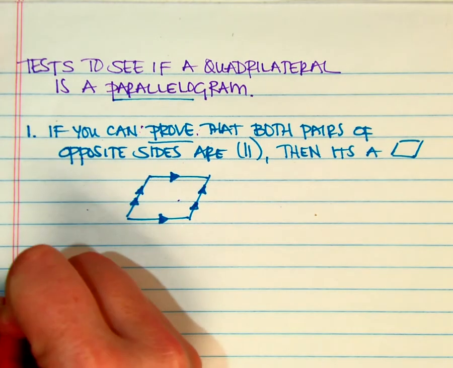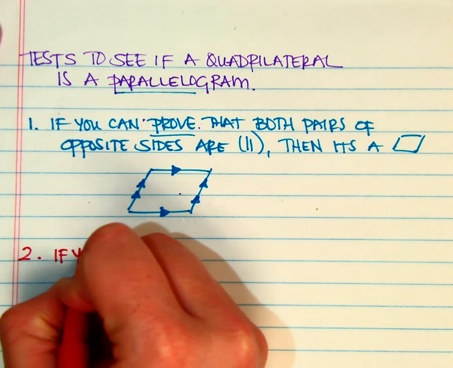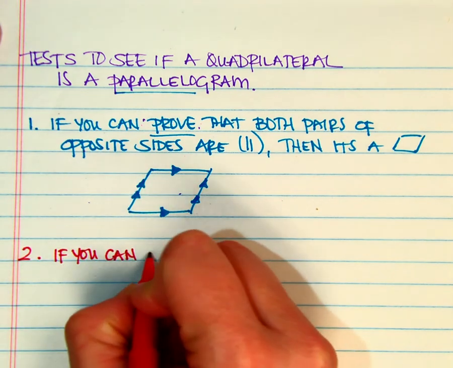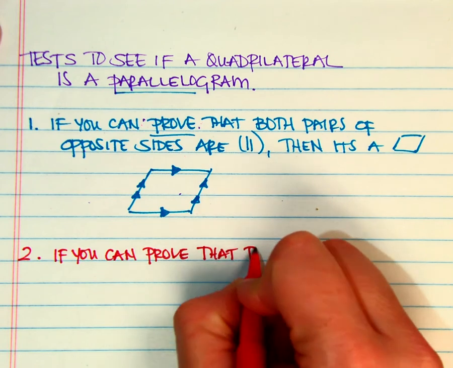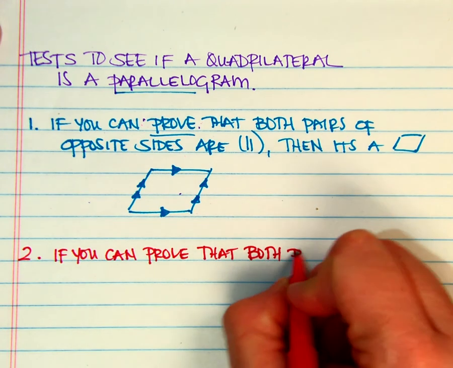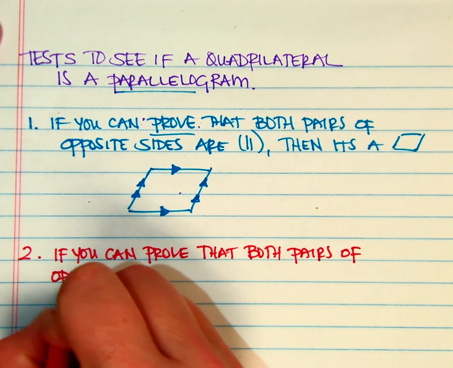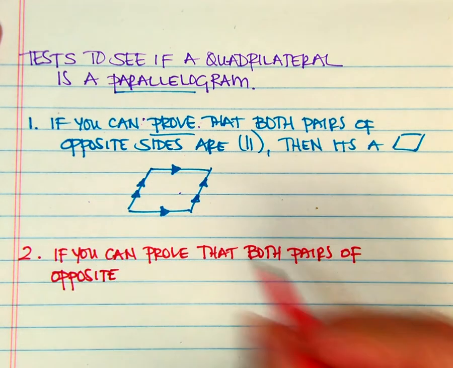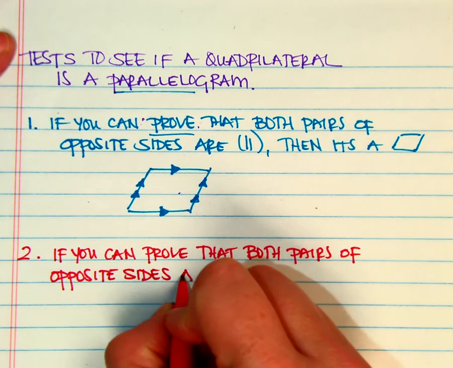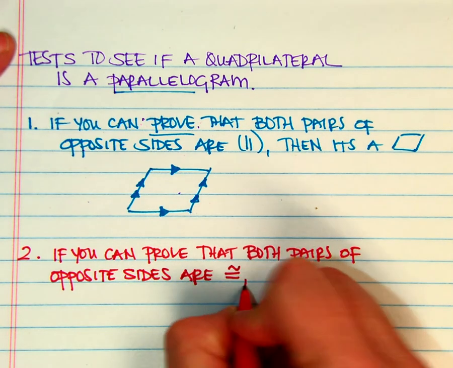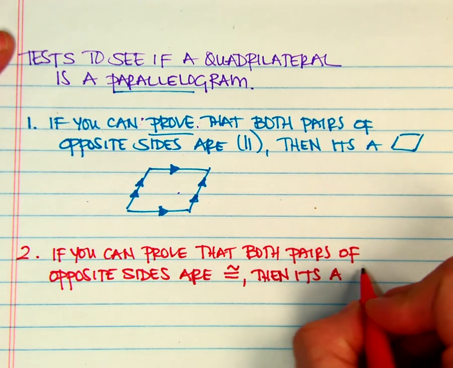The second way is if you can show or prove that both pairs of opposite sides are congruent, then it's a parallelogram.